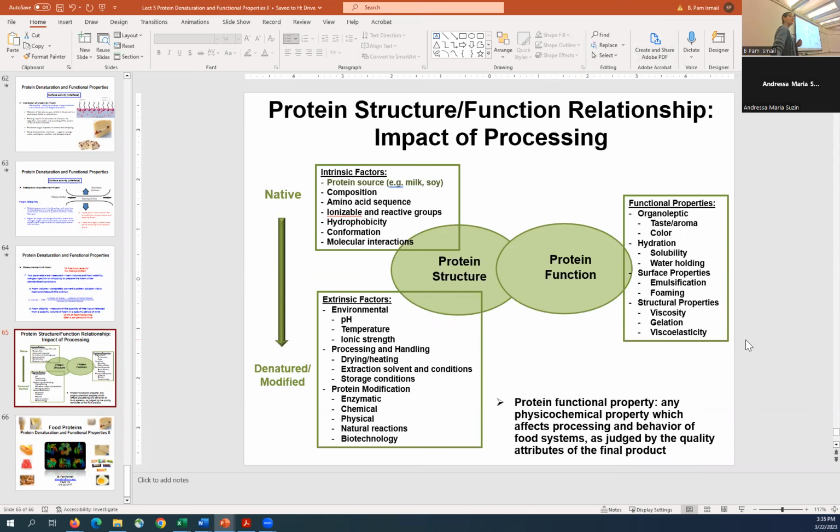Stability is important, but what can we do if we want to use less emulsifying agents? Because sometimes you want to reduce costs by using less of the expensive ingredient. So what do we do?